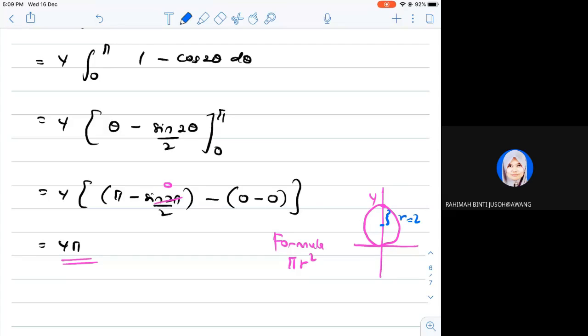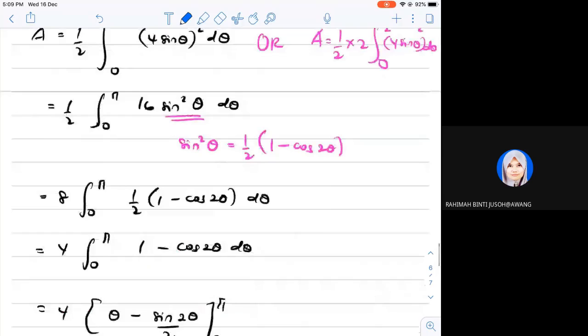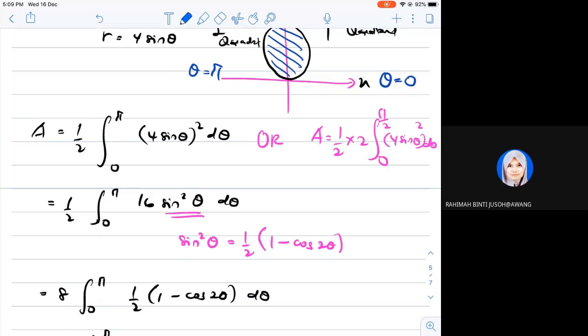So if you calculate the area of this circle, of course we get pi multiplied by 2 squared. So we have 4 pi. You can use this to double check your answer in the final exam, just to double check. But you cannot use this formula to show the answer because we do have marks for the steps. Okay, understand what I mean?